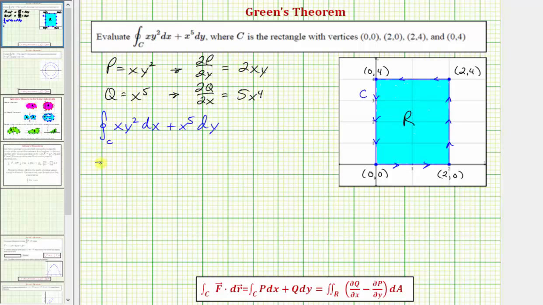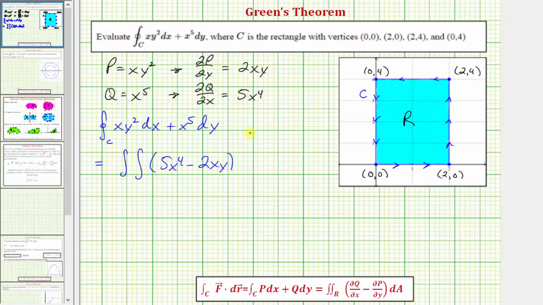So now applying Green's theorem, this line integral is equal to the double integral over the region R of the partial of Q with respect to x, which is 5x to the fourth, minus the partial of P with respect to y, which is 2xy. And then for differential dA, we can use dx dy or dy dx. Because the region R is a rectangle, it really doesn't matter.